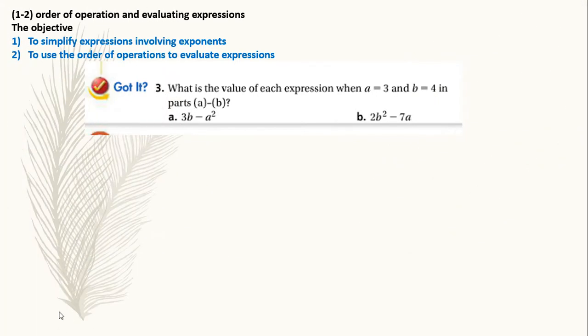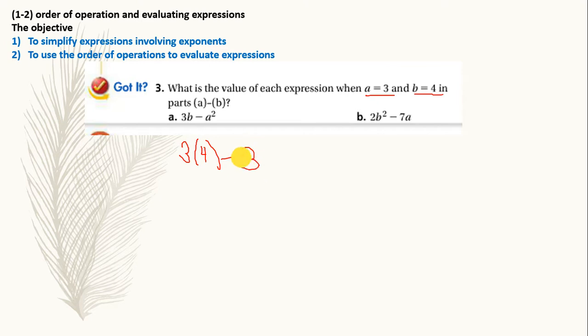So here we have a equal 3, b equal 4. They want me to evaluate the expression. So 3b, which means it's a multiplication. So 3 times 4 minus a, which is equal to 3.